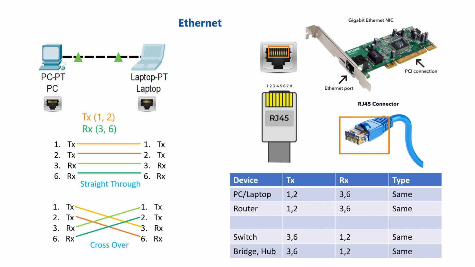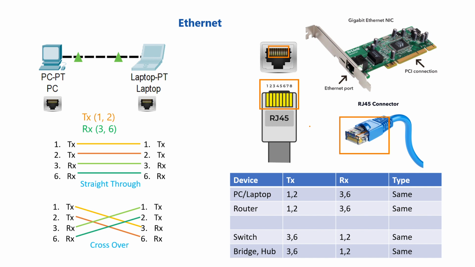And please note that the RJ45 cables are also numbered from pins 1 to 8. So it therefore means that pin 1 of the RJ45 cable is going to be physically connected or interface with pin 1 of the Ethernet port.